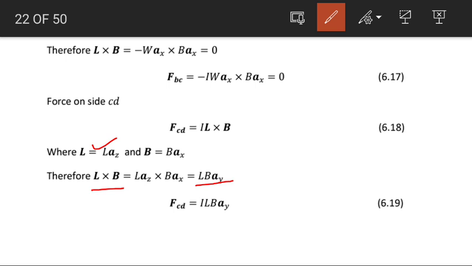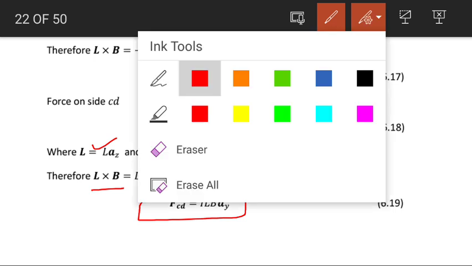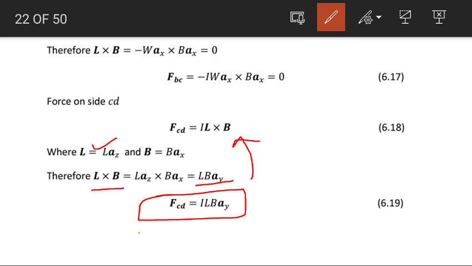If we put the value of L cross B in equation number 6.18, we obtain this particular equation. So the force on side CD of this current carrying loop will be equal to ILB ay. So the force on this side is in the direction of the unit vector ay.